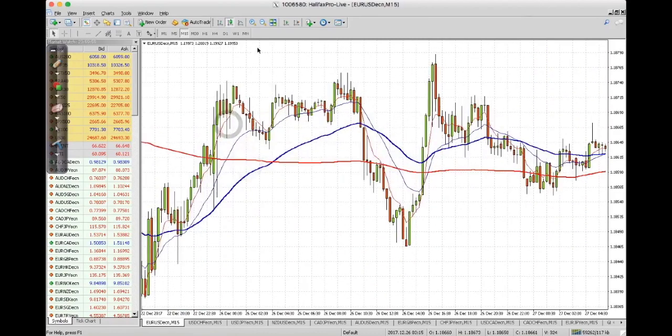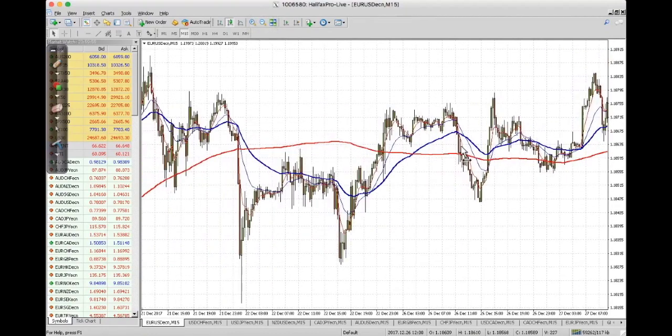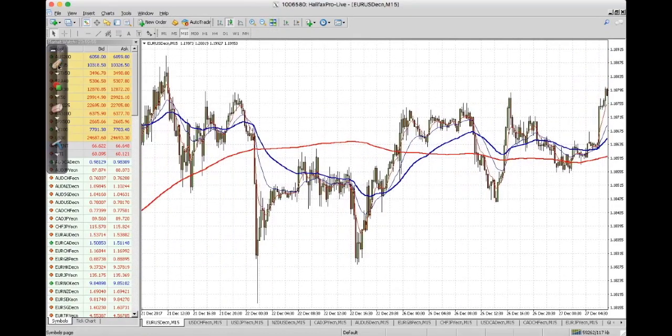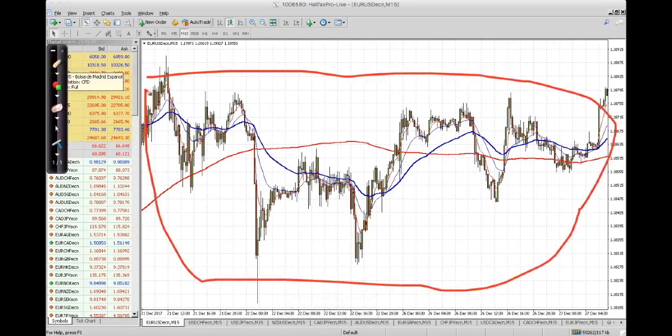Now over here, let me zoom out a bit. Over here, this portion, can you see that it's no longer in a clear trend? It's no longer in a clear uptrend or a clear downtrend. A clue is when the moving averages are not sloping up nicely or down nicely.